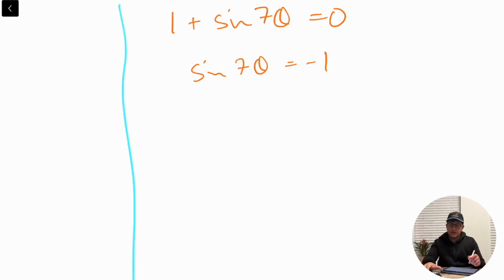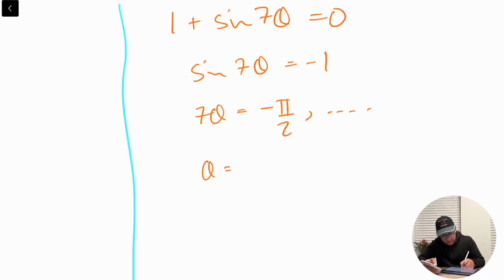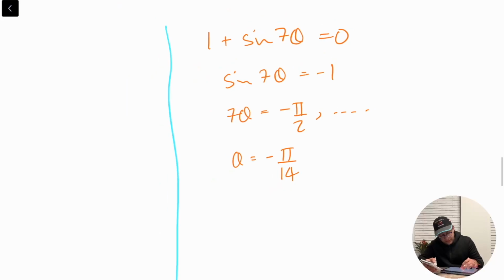Now, as we know, we can just do sine inverse -1. It becomes a very standard trig question. Right? So essentially, 7 theta will equal to minus pi over 2 and so on and so forth. So theta will equal to minus pi over 14, right?